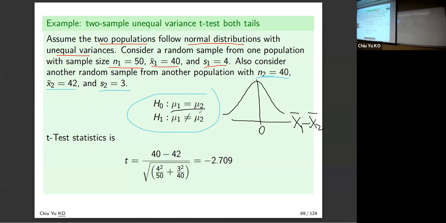And how is the shape of this? Very simple, just this added together. Although it's a subtraction, the variances add together. That's a slightly tricky part.